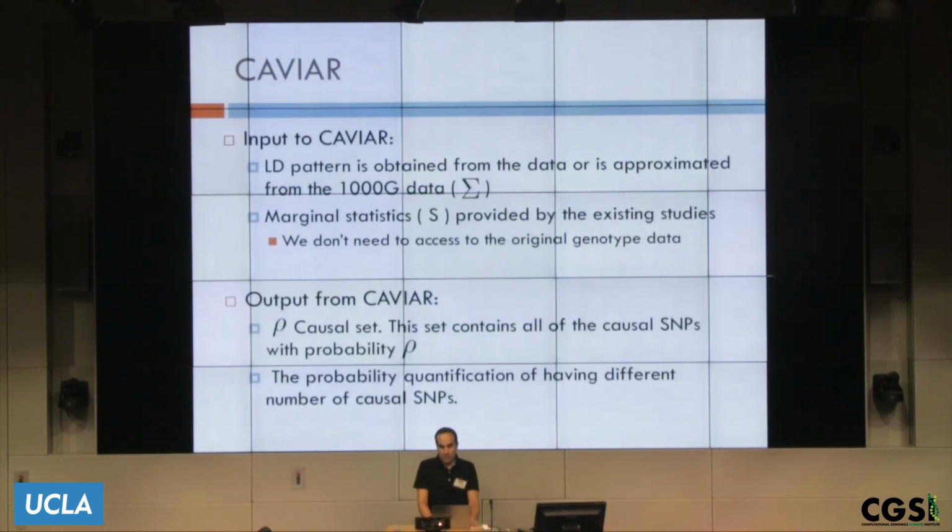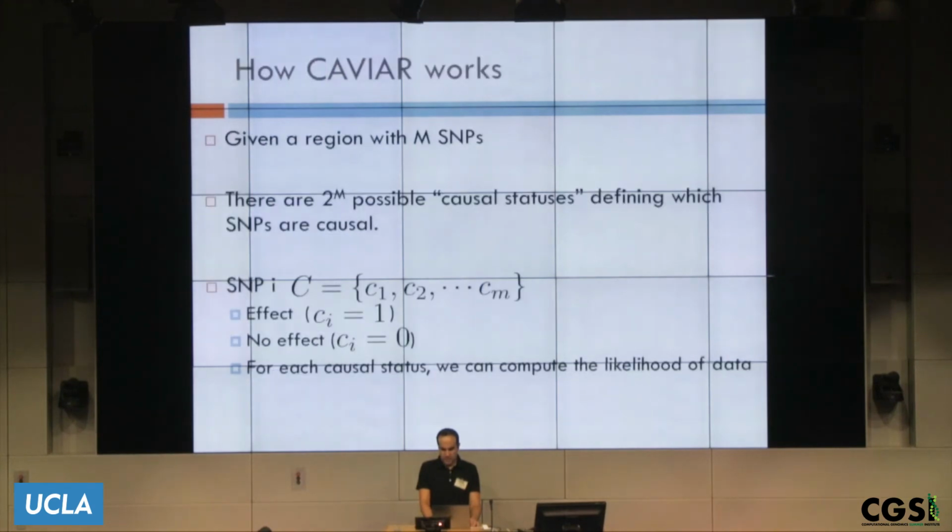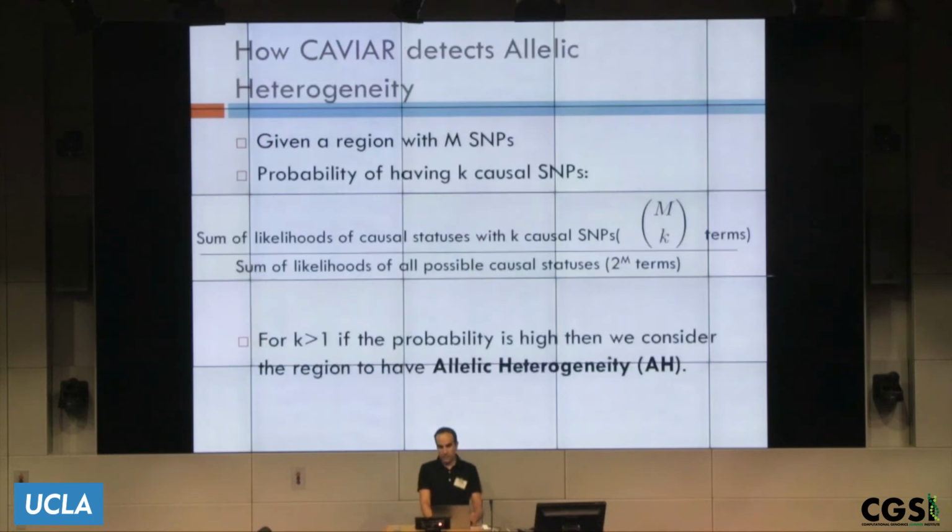And so what we did is we extended the fine mapping approach to this problem. We have the causal statuses as we had last time, and given a region with M SNPs, we can compute the probability of having exactly K causal SNPs.